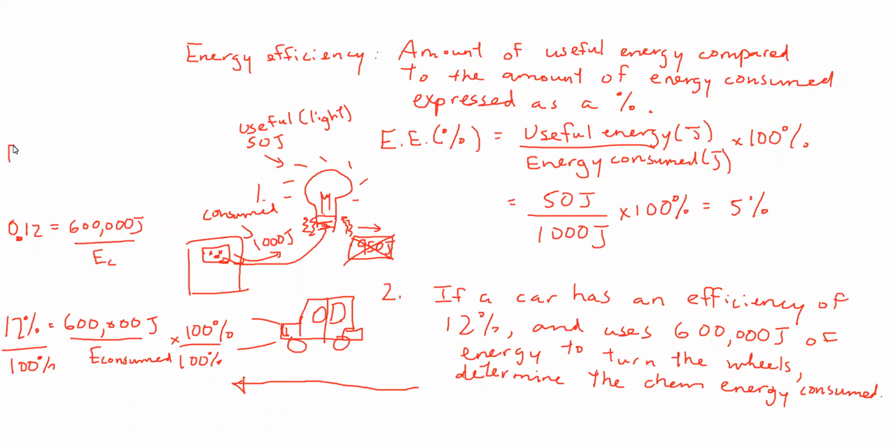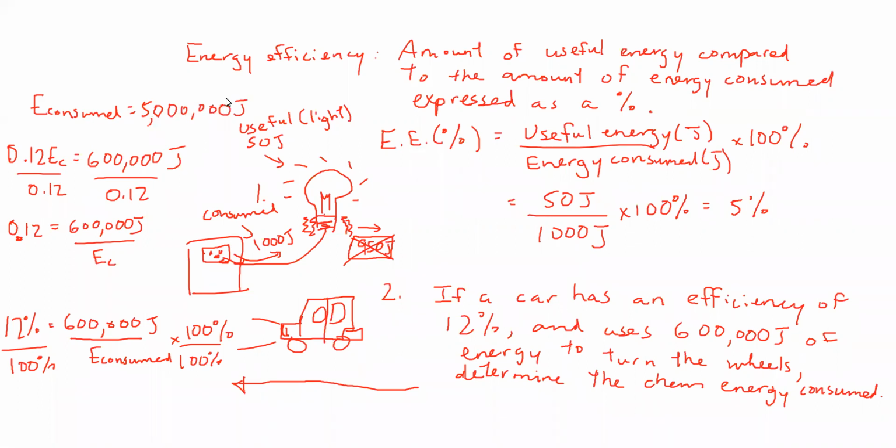So I end up with 0.12 EC equal to 600,000 joules. Divide both sides by 0.12, and I end up with the consumed amount being 5 million joules. Goodness gracious. Only 600,000 out of that 5 million is actually being used to power the car.